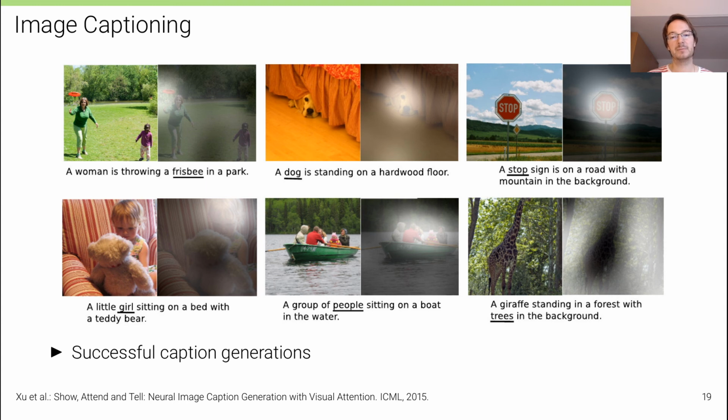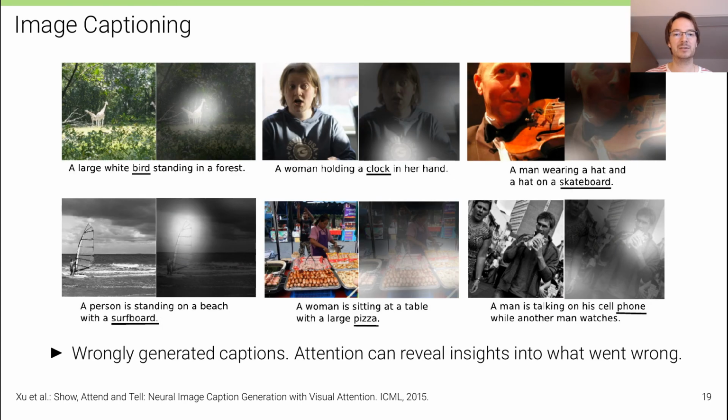But in fact there's many things that can go wrong. This is a little bit cherry-picked here, so there's of course also failure cases, and I just want to show you a little bit what can go wrong, and also how attention can be useful in order to reveal insights into what went wrong and maybe improve the architecture or the model. So for instance, in this case, we have a large white bird standing in a forest. So there is something standing in a forest, but it's not a bird.